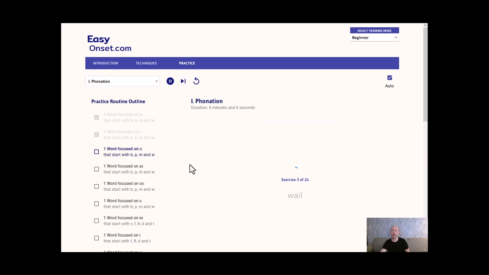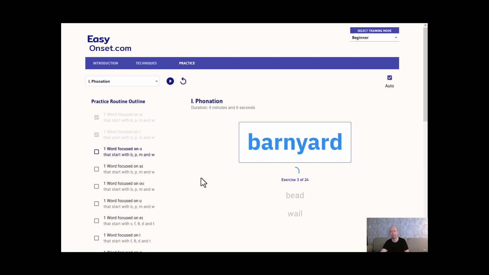So if we look at barnyard, again, if we do this using easy onset, it would be barnyard. If we use our full system with easyonset.com, note that this program really works because we're breaking out easy onset, the classic technique.